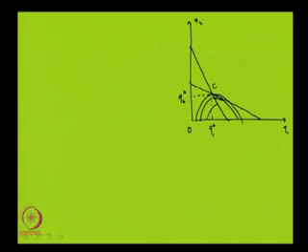There are infinite number of such curves. What I claim is that C is the point of Cournot equilibrium where the best response functions are intersecting with each other, and this point, let us call it S, is the point of Stackelberg equilibrium.